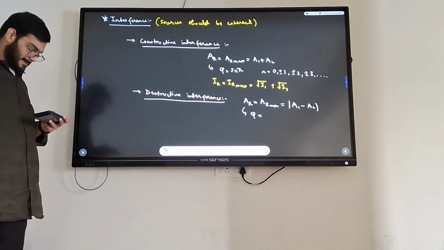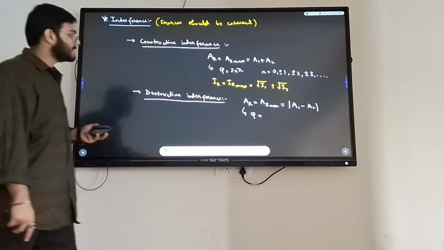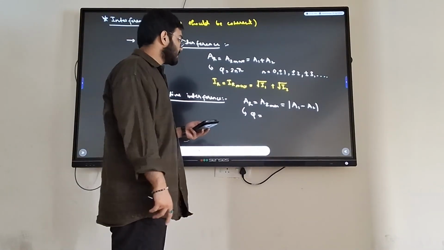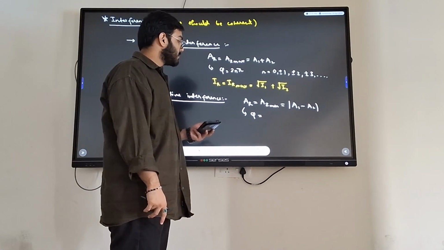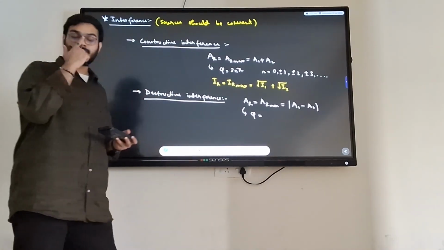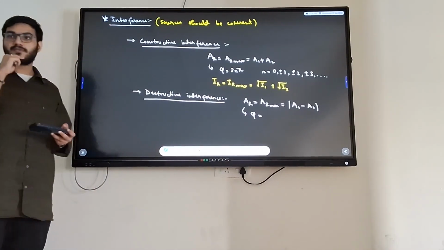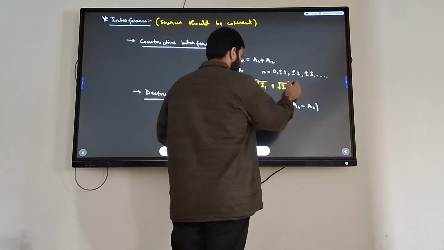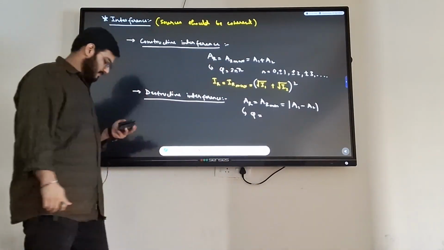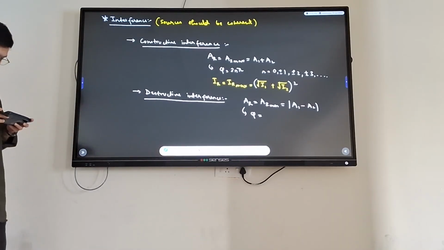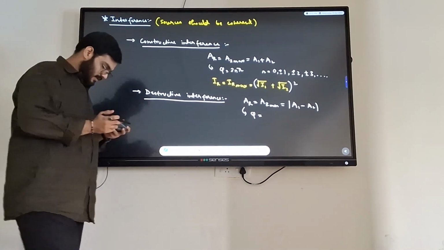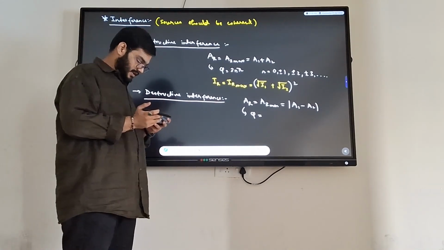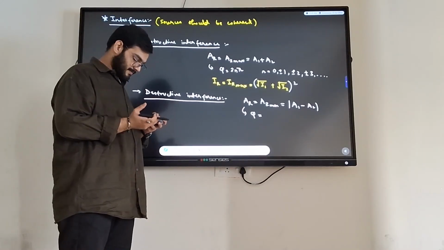Should it be root I1 plus root I2 the whole square, or root I1 plus root I2? The whole square, you know? Why? Let me check the expression for intensity once. Wait, I think we wrote the intensity expression incorrectly again.